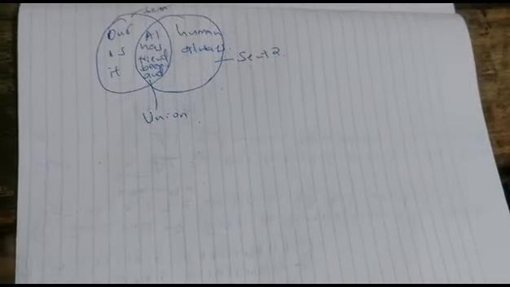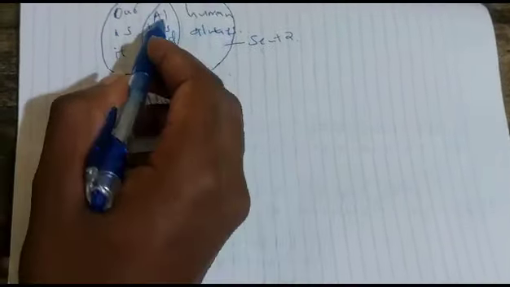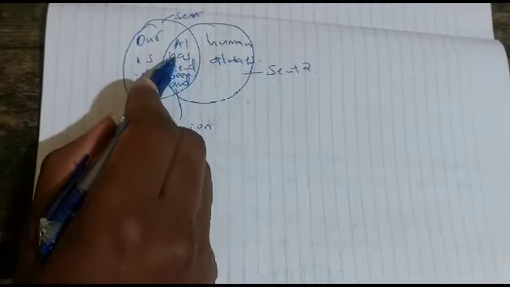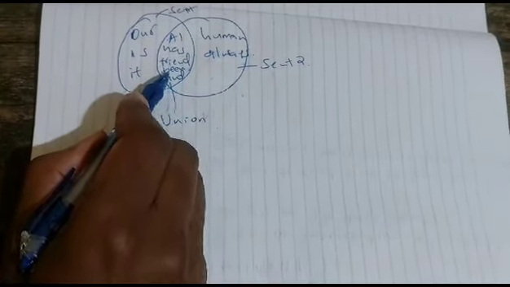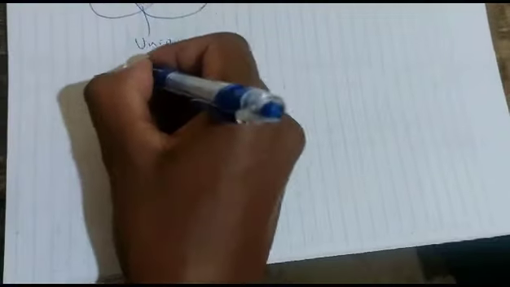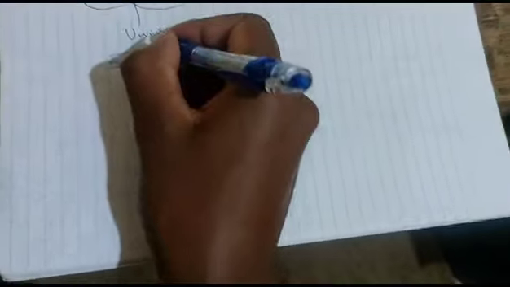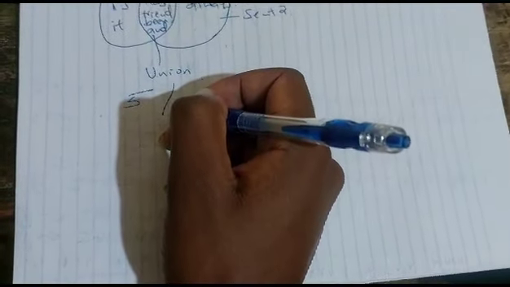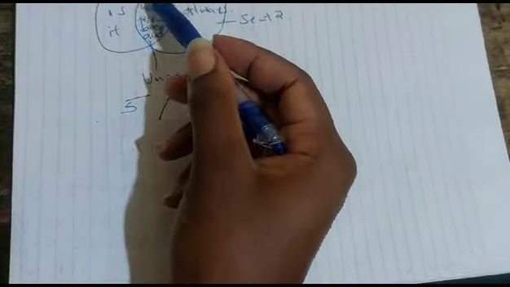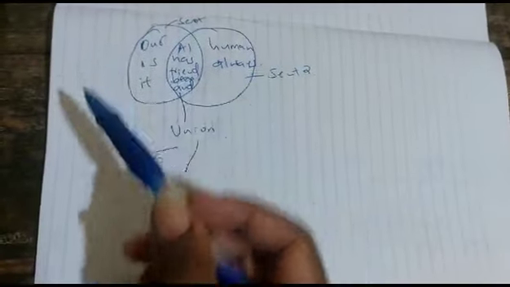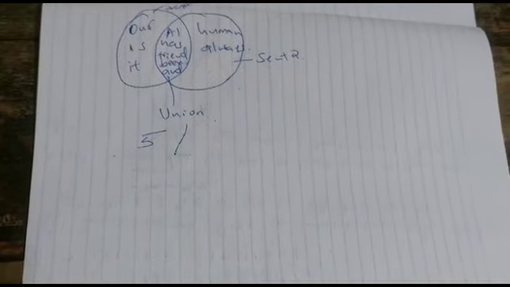Now we calculate the Jaccard similarity. It is the size of the intersection, which we count as 1, 2, 3, 4, 5, so 5, divided by the size of all these sentences.